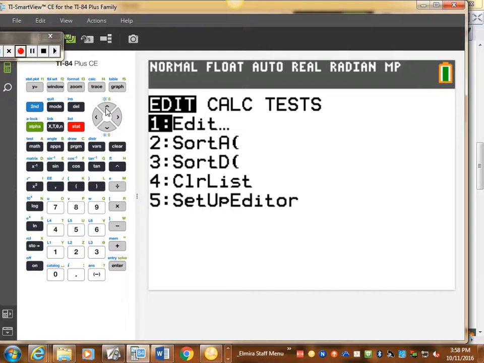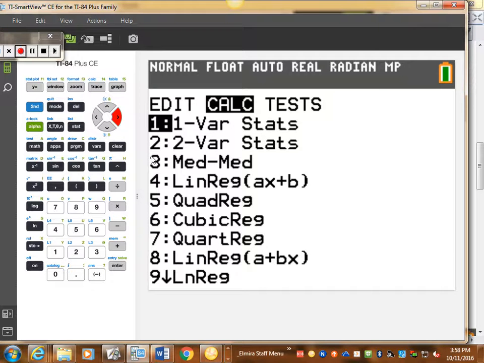Hit your stat. We've edited. Edit is where we enter data. Calculate is where, after we enter data, Calculate can find out lots of different things for us. Okay, some of the items in this menu we will use, like later in the year we'll do 1 variable stats, 2 variable stats. Today we're doing linear regression, which is option 4.